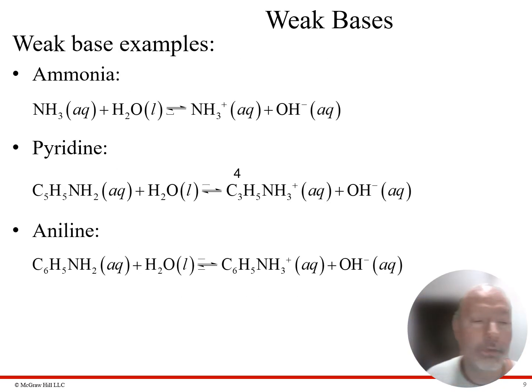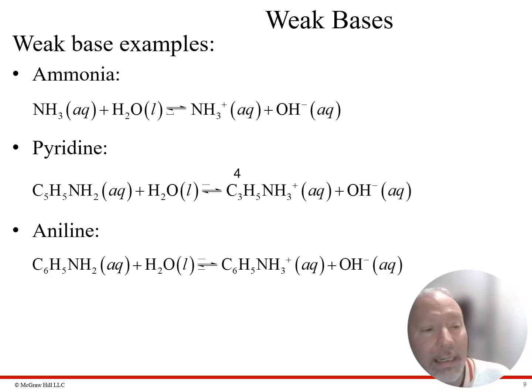Here are some examples of weak bases. What is a base? It can accept a proton. So water is capable of acting like an acid and water acting like a base. Here, water will be turned into a base in much lower concentration than the water, of course, but ammonia will come over here and take a proton, break the hydrogen off of water, and make a hydroxide anion, right?